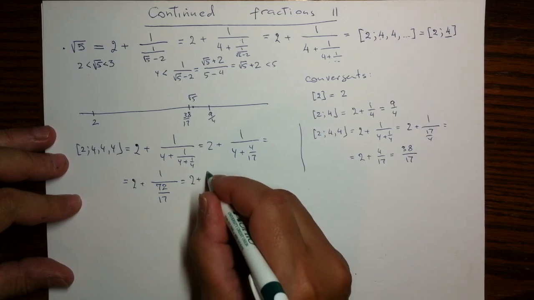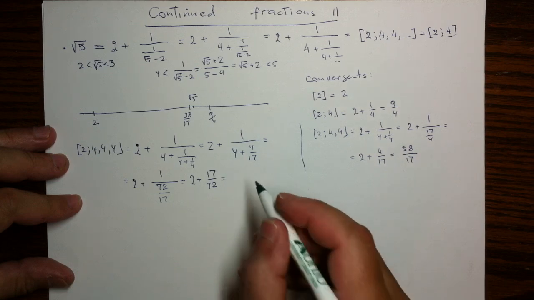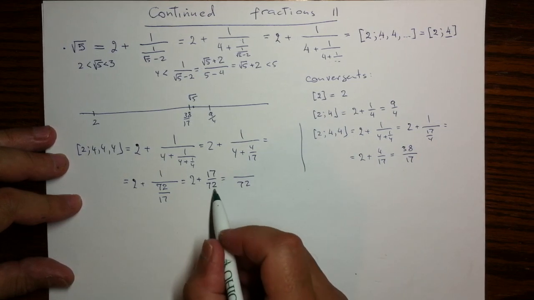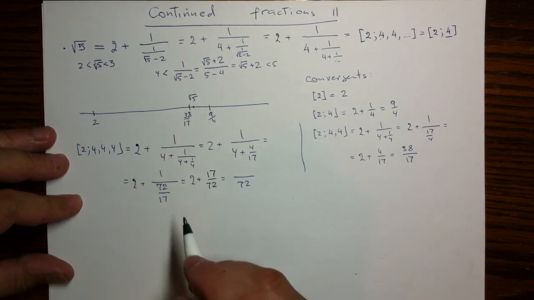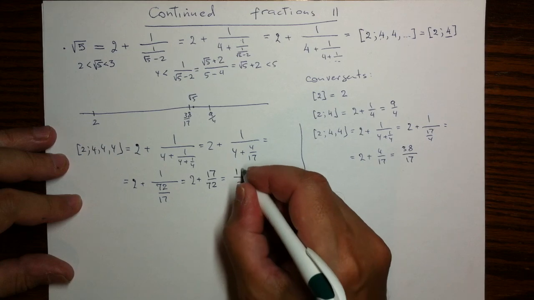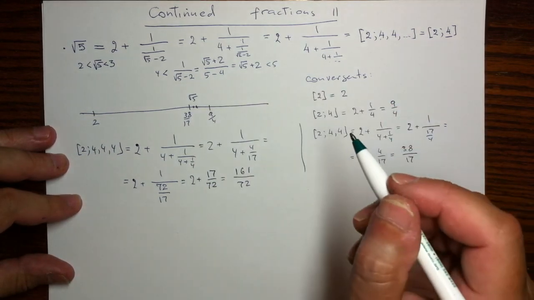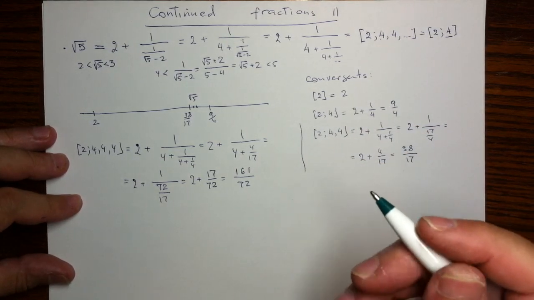Then we flip it, 17 over 72, and then we combine it into 1, so over 72. Twice that will be 144, and with 17 on top it will be 161. So that is going to be just after my square root, getting increasingly closer to it.